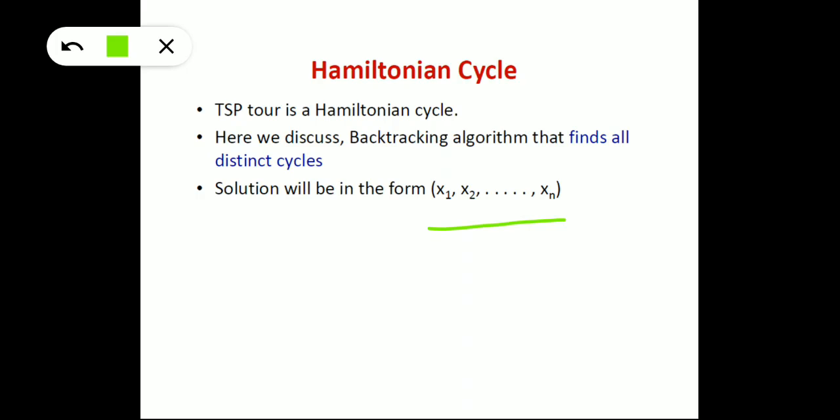If k is equal to 1, then x1 can be any of the n vertices. To avoid printing the same cycles again and again, that is n times, we will require that x1 is always set to 1.